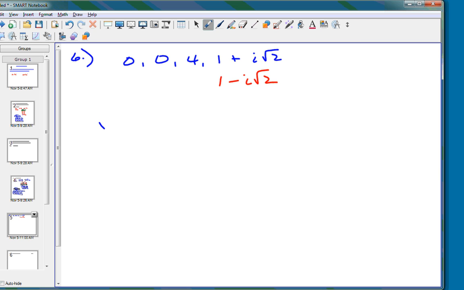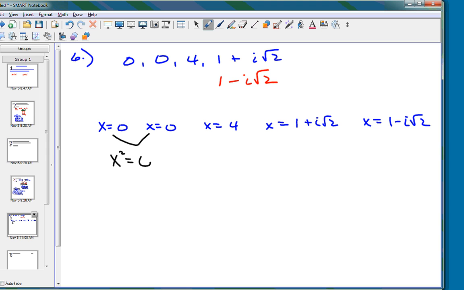So I'm going to have x equals 0, x equals 0, x equals 4, x equals 1 plus i square root of 2, and x equals 1 minus i square root of 2. That is just so that we're fully aware of that. Agree? Now, what do these two marry off to be? x squared is equal to 0, right?